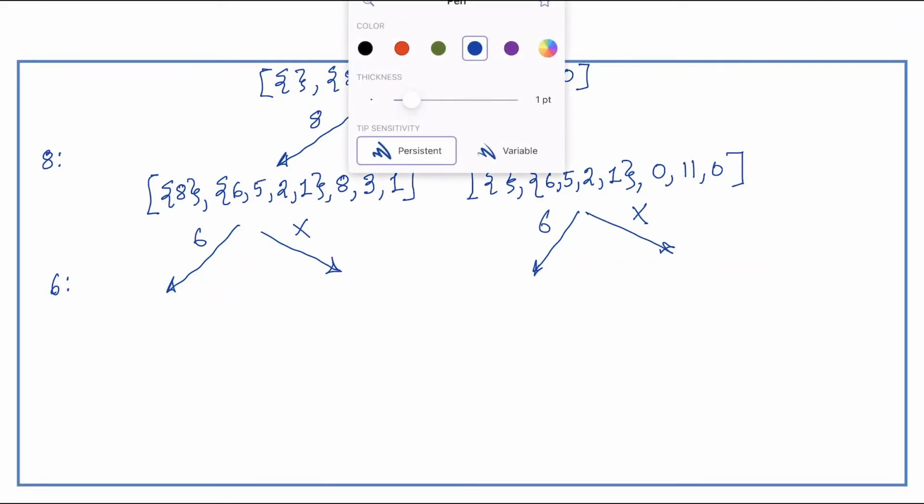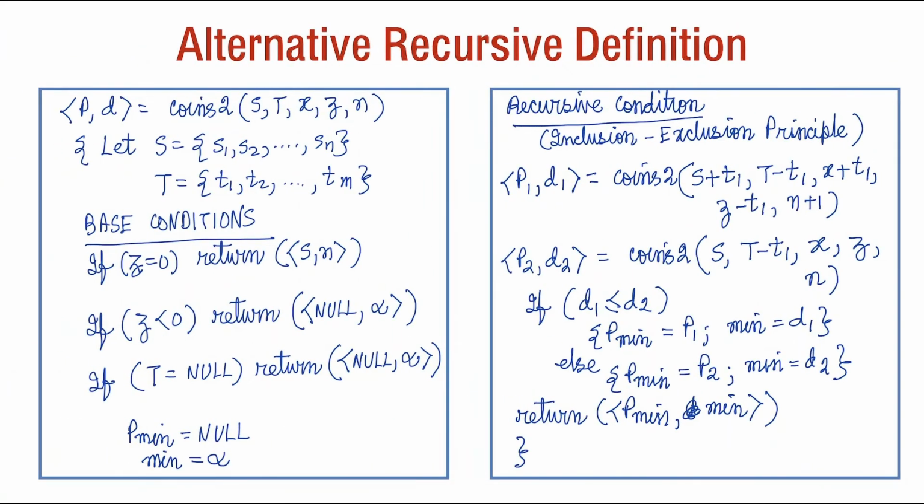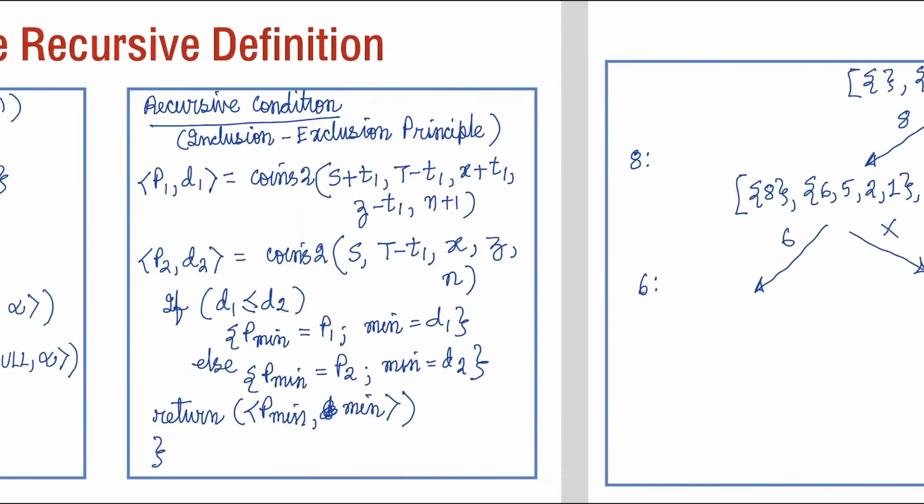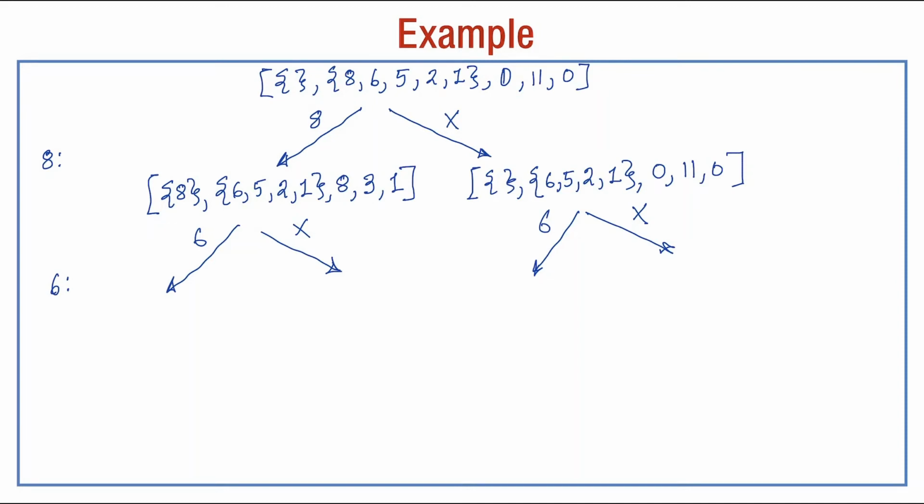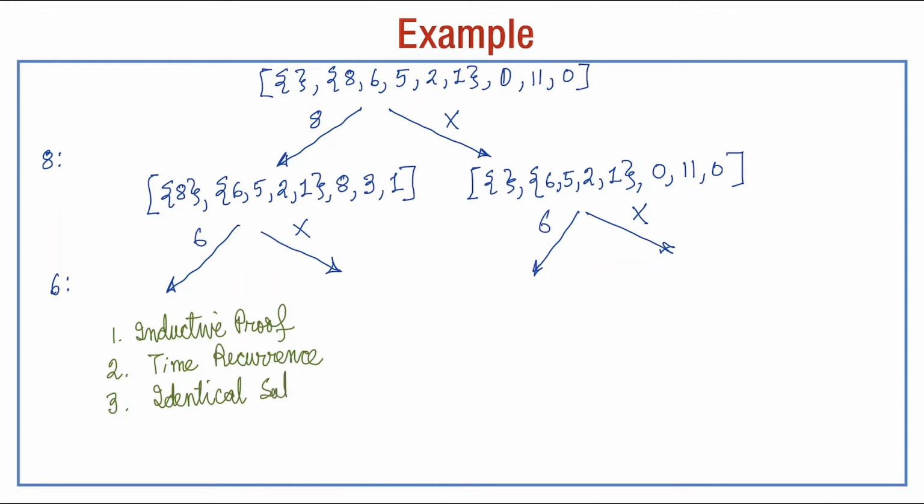So here again, as we have seen in this new recursive definition, we are left to analyze three things: 1, inductive proof; 2, time recurrence; 3, identical subproblems.